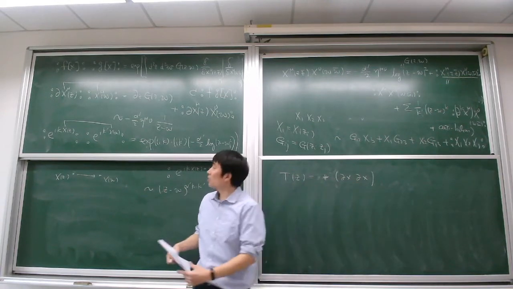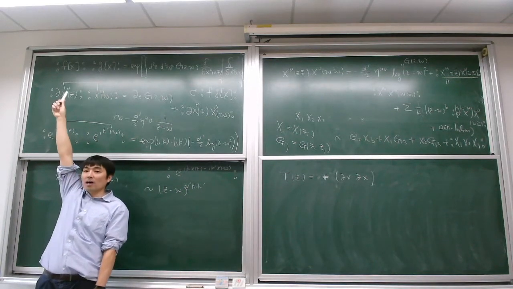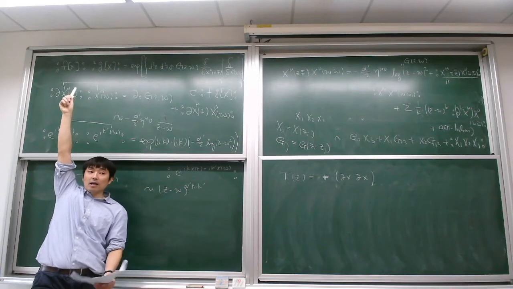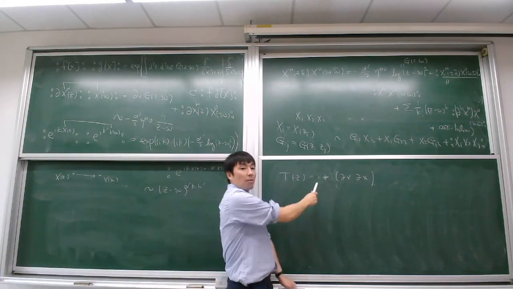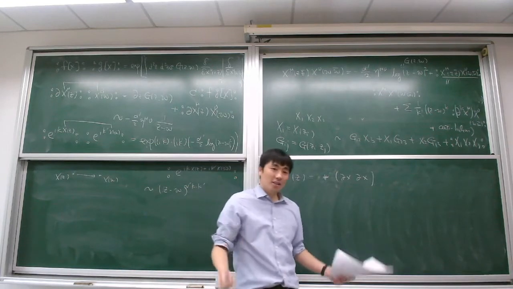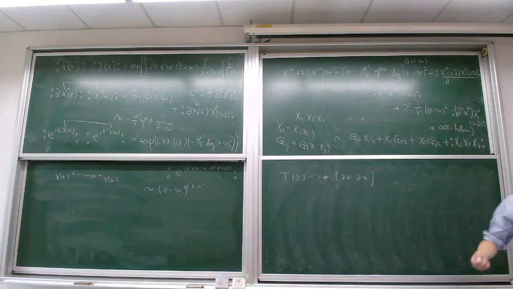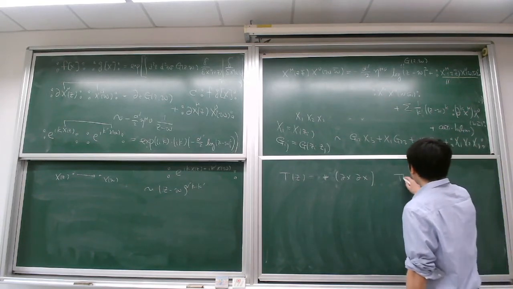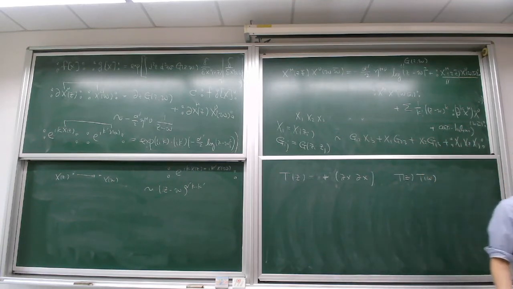Any function of X, and also you can apply the derivative on X, can be understood as an operator. So in any physical theory you have a stress energy tensor, and in quantum theory, stress energy can be understood as an operator. And the question is, what is the OPE of this one?